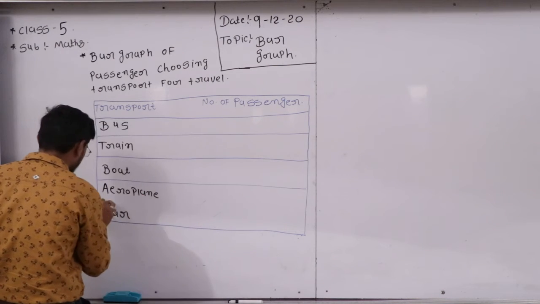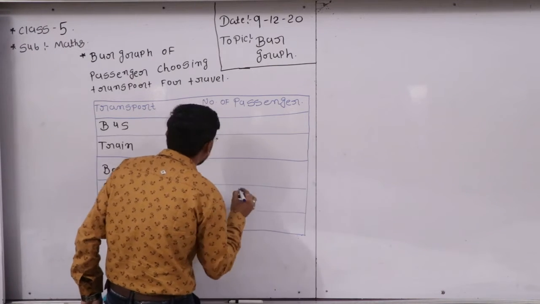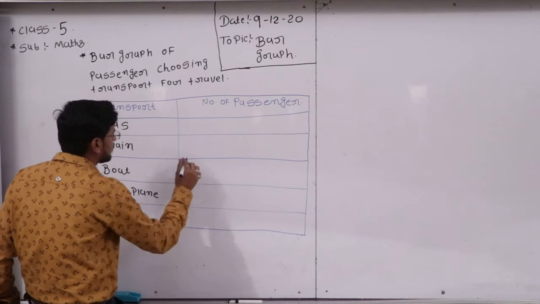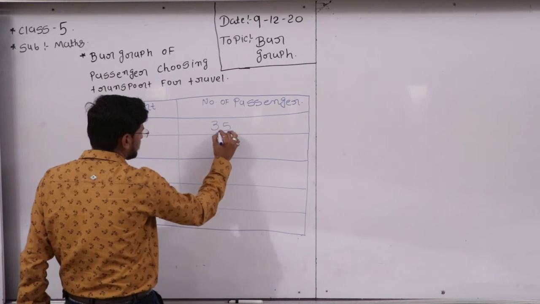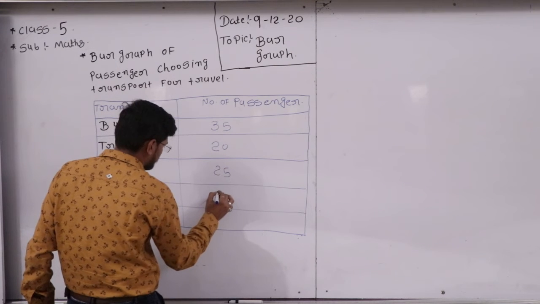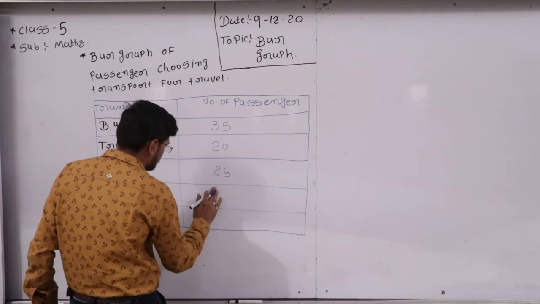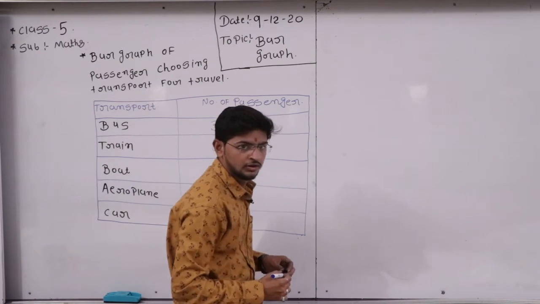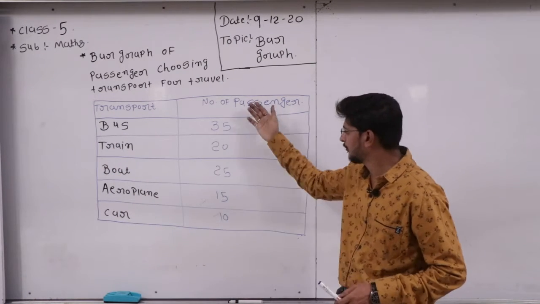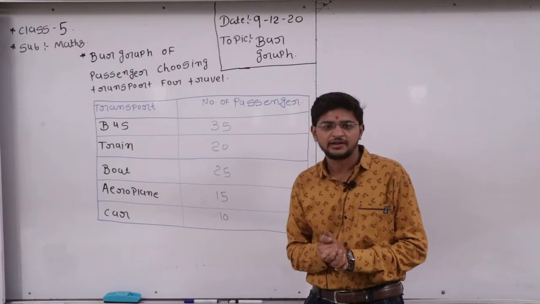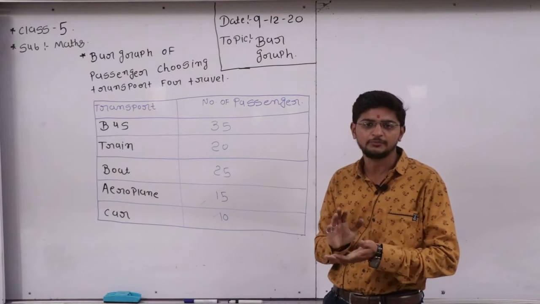So this is the number of passengers choosing a category of transport to travel from one place to another.